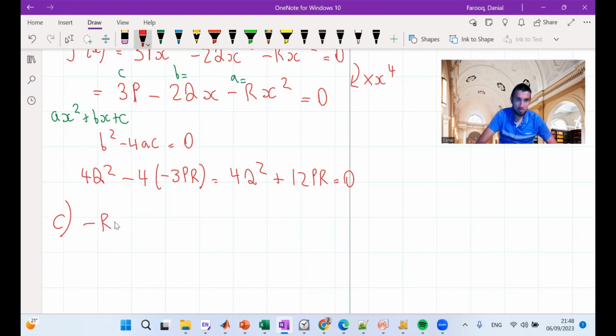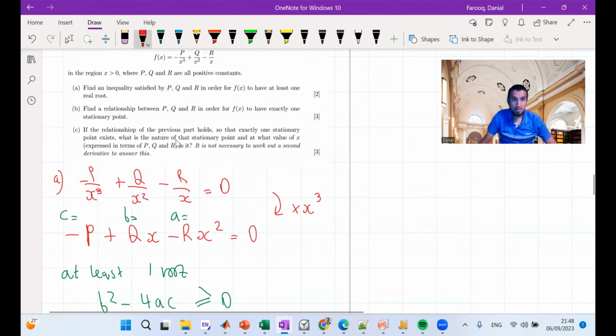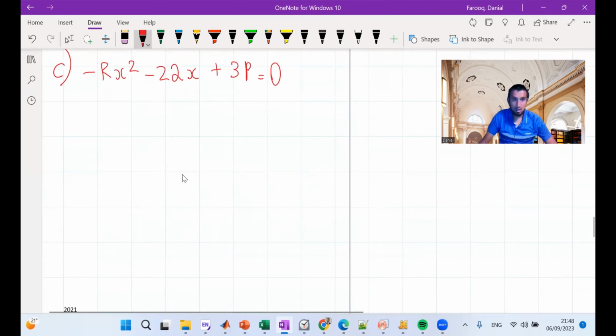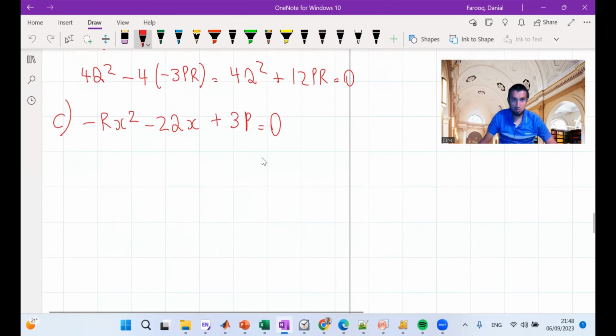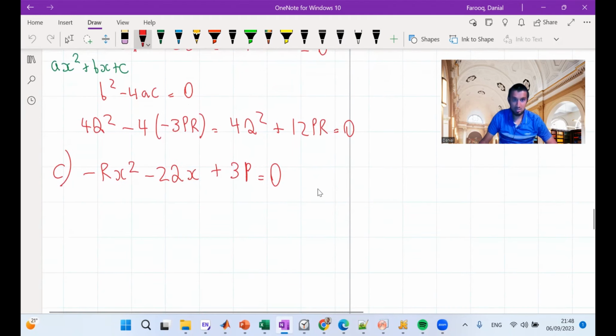Okay, so let's rewrite this quadratic as minus rx squared minus 2qx plus 3p equals 0. And we want the case that there's only one stationary point, and we want to solve this quadratic. So if there's only one stationary point, then 4q squared plus 12pr is going to be equal to 0.